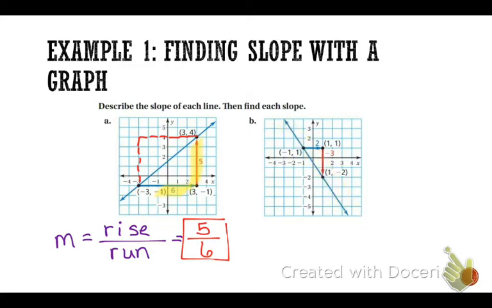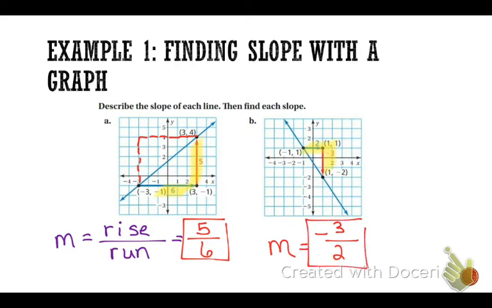My rise is what is negative. So that's what I see here with a -3. I'm going down 3 from left to right, and I'm going over 2. So one of the biggest challenges with writing slope is that you remember it's rise over run, not run over rise. All right, so don't get that switched up because it does matter. So -3 over 2. M equals -3 over 2.